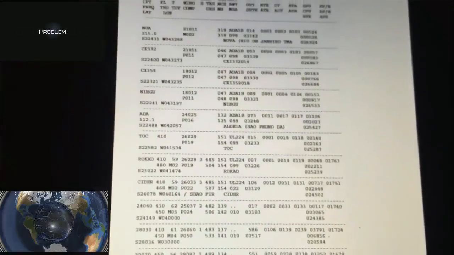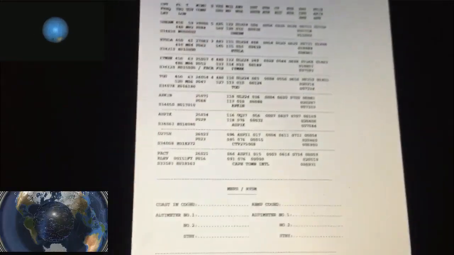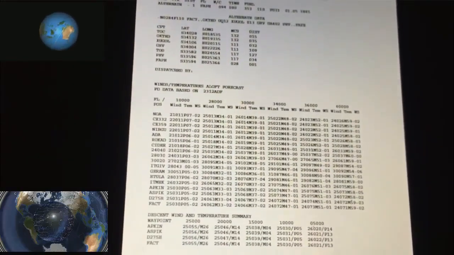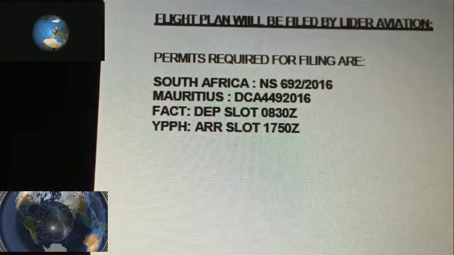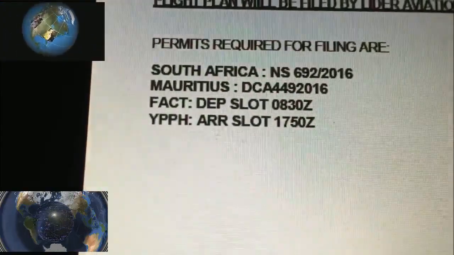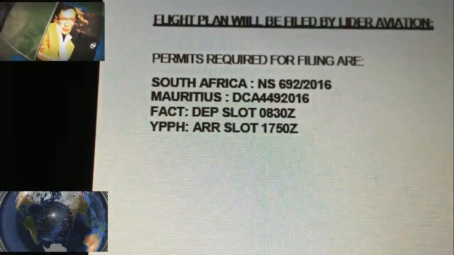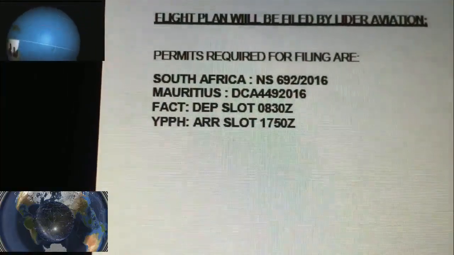I'll upload this flight plan. You can download it and have a look at it yourself. And if we keep going, all the waypoints, and this is some information on the estimated time of departure from Cape Town and the arrival into Perth. As you can see, those times match fairly closely, within 10 minutes or so, to the actual times that we conducted the flight in the video.